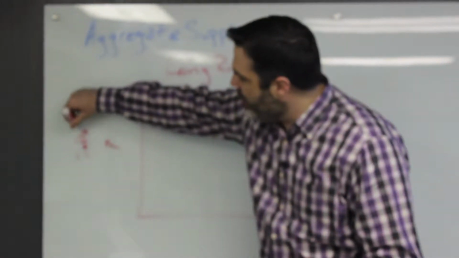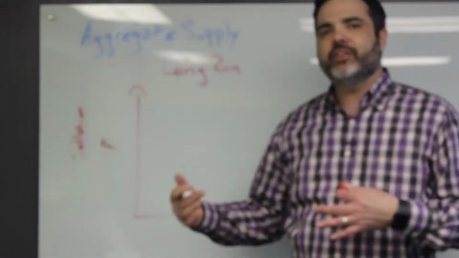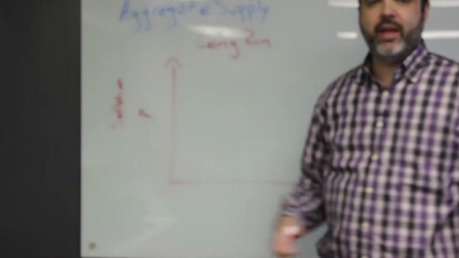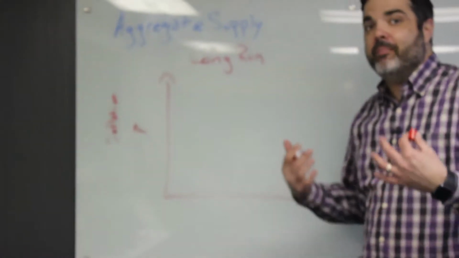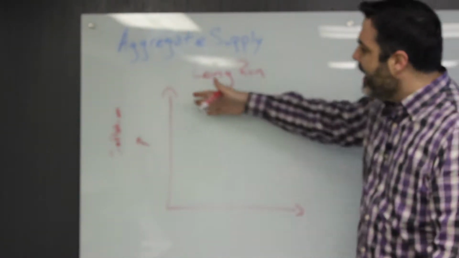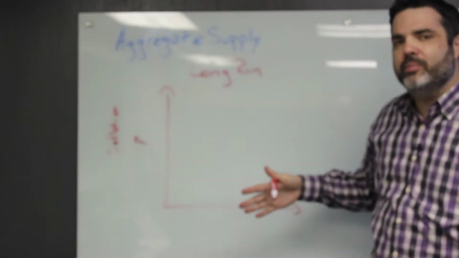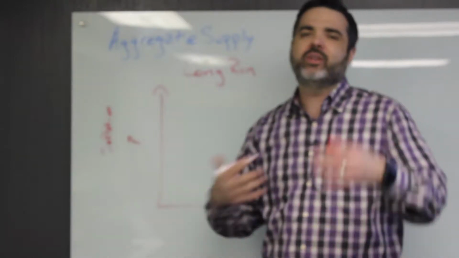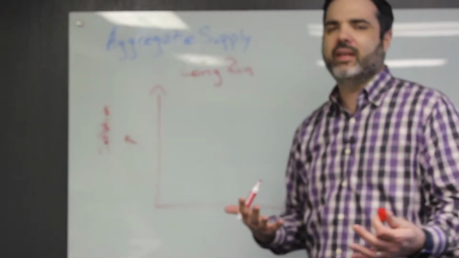So how much more am I paying versus what I paid off of a base year? As consumers, that's what we care about. So an aggregate demand curve is going to slope downwards. The more that we have to pay for something, the less of it we want. And we talked about all the reasons why that might be the case.